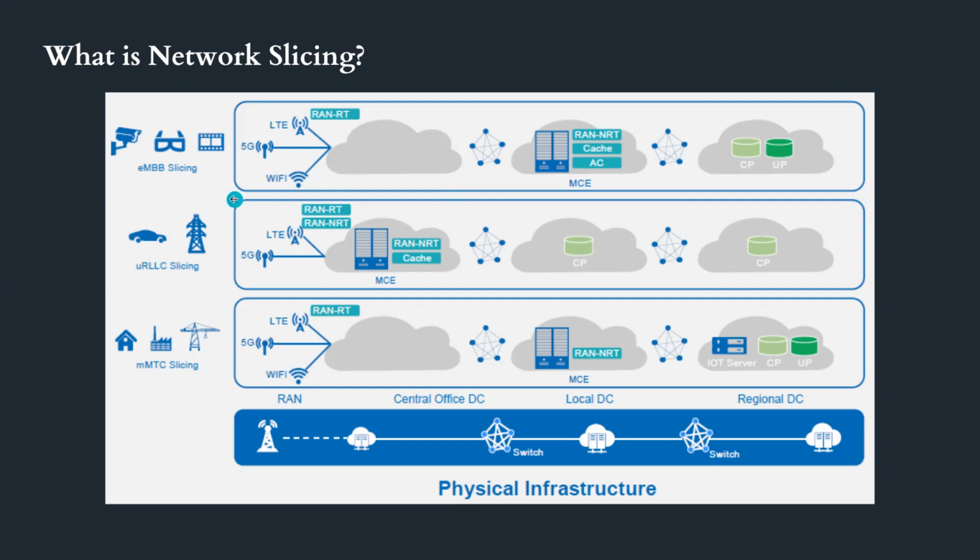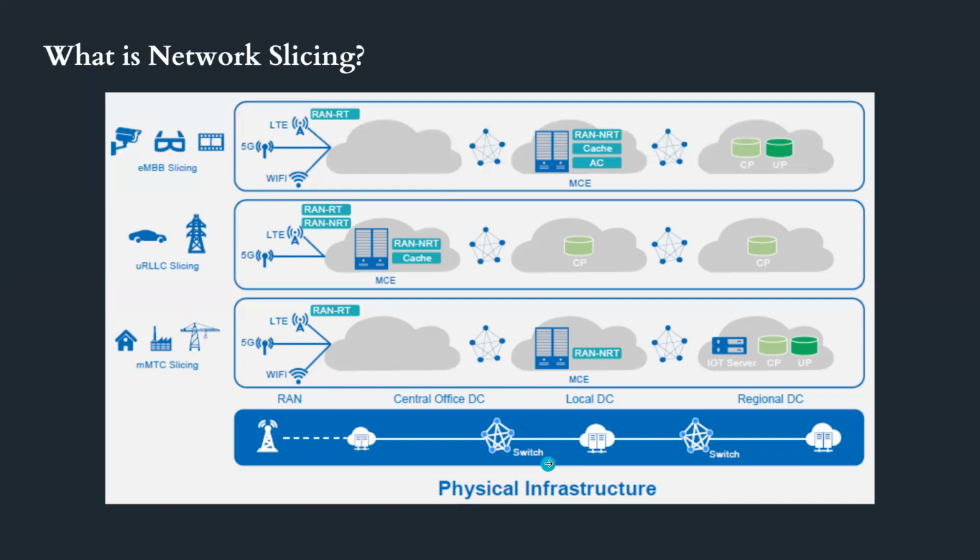So the virtual networks are designed to provide the required services for the different applications given here. Basically, they are all built on the same physical infrastructure, which is used to communicate data from one end to another end. The infrastructure that is used here is the same.